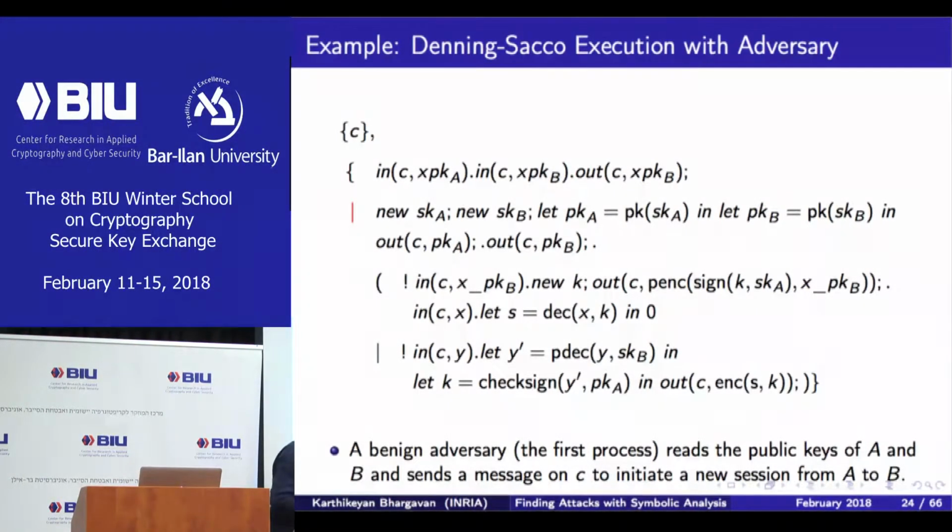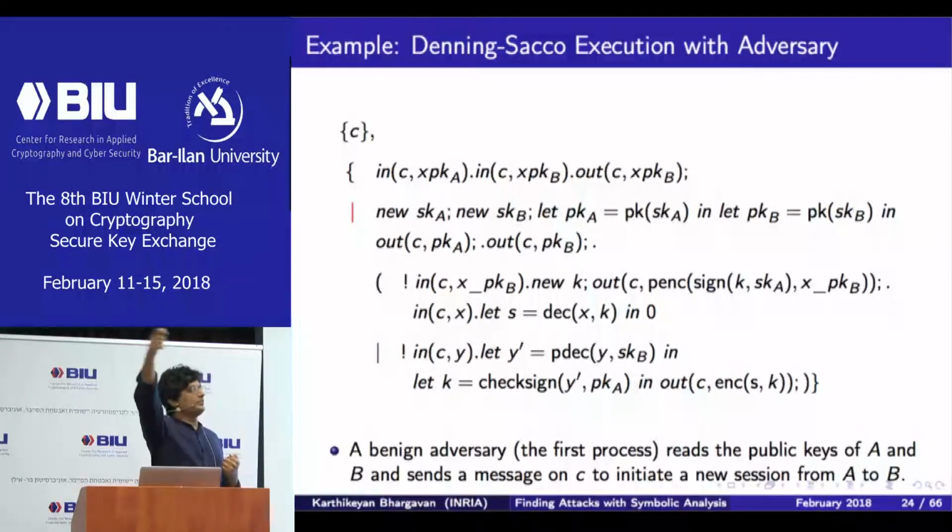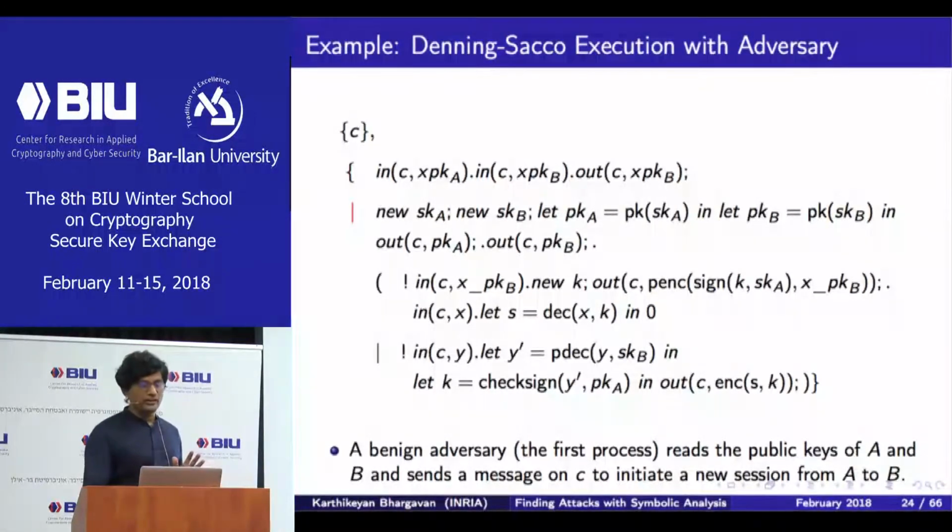Where is the signature? The signature only covers K. It doesn't say who this message is for. In fact, signatures generated by A can be redirected or replayed or forwarded by the recipient to some other person, and he won't be able to tell the difference. This protocol allows S to be leaked. So the Denning-Sacco protocol actually is broken.